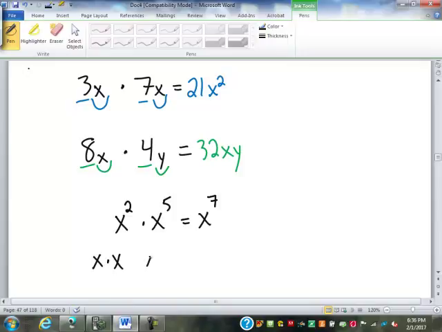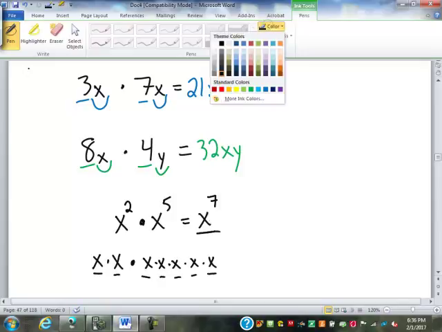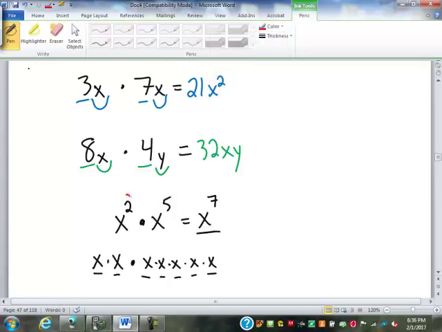X to the 5th is saying there are 5 of those x's multiplied together. If we multiply them together, we now have 1, 2, 3, 4, 5, 6, 7 x's multiplied together. It's x to the 7th. So we are multiplying, but the powers just get added.